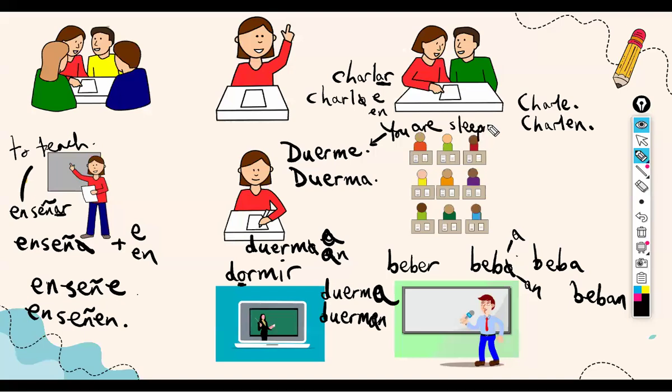But if I say duerma, what I really want to say is sleep, right? Maybe go to sleep, fall asleep. I'm telling you to sleep. So that is the difference. If I keep the regular ending, I'm describing the action. But if I change the ending to the opposite ending, I'm telling the person to do something. Any questions?